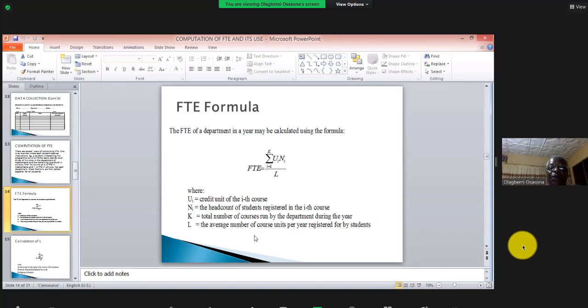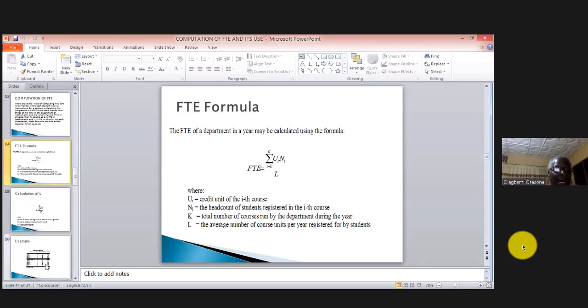We don't have the luxury of having only one, because the student can register for any number between 30 and 48 units, not just 40. So we have to look for an average, which we will use. We will see how to calculate this.